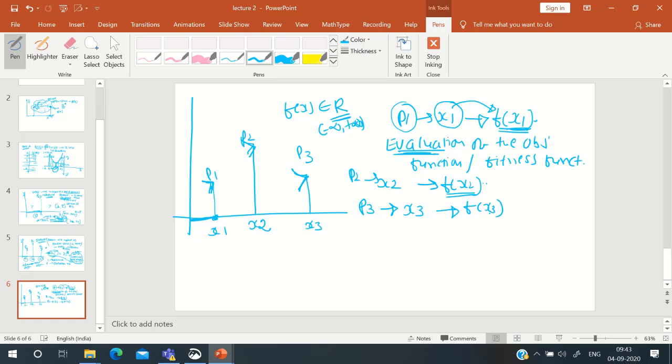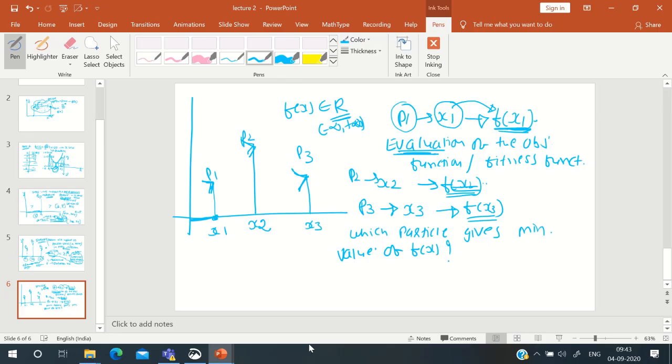Okay, now you have obtained these three function values, f of x1, f of x2 and f of x3. Now find out which particle gives the minimum value of the objective function, that is f of x.